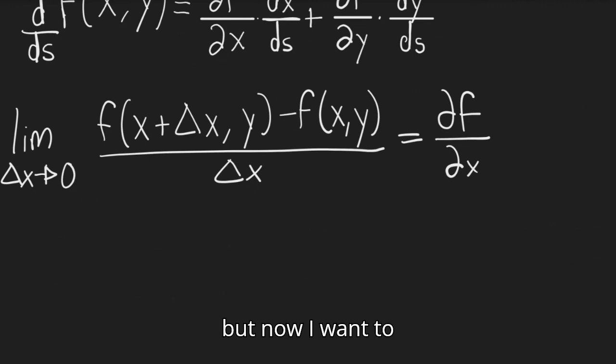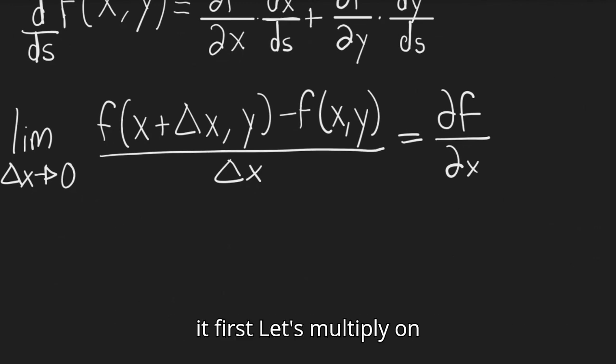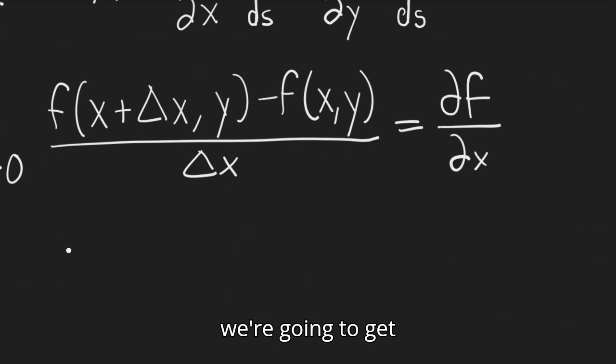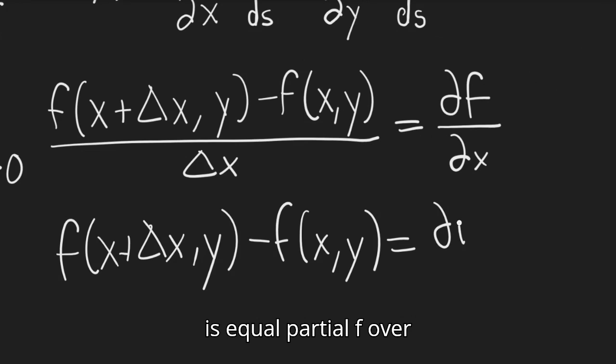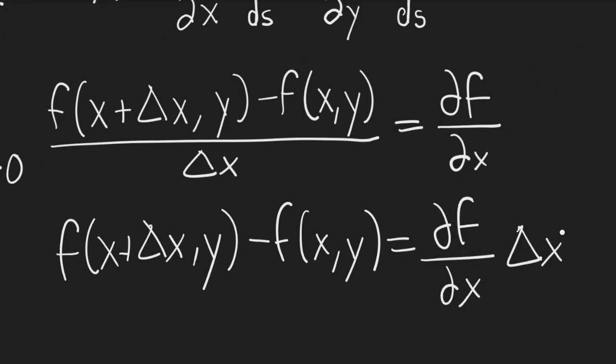But now I want to tailor this so we can do the proof. First, let's multiply on both sides by delta x. So we're going to get f of x plus delta x, comma y, minus f of x, y is equal to partial f over partial x times delta x.